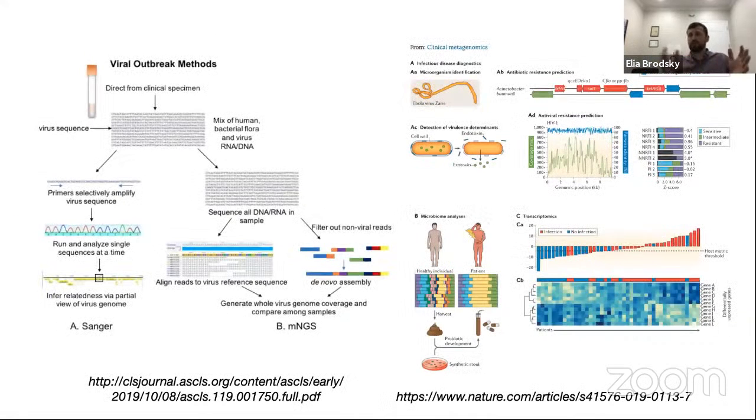But these types of methods are used for different types of purposes. For example, you can see here an application of genomic sequencing to track viral outbreaks. If we already have identified what this outbreak is caused by, what type of pathogen, we can amplify specific viral sequences and then look for specific types of changes in the viral genome.